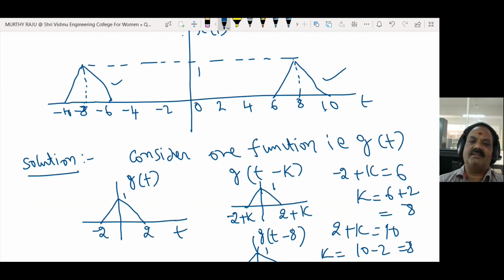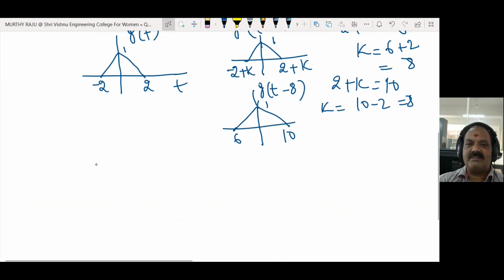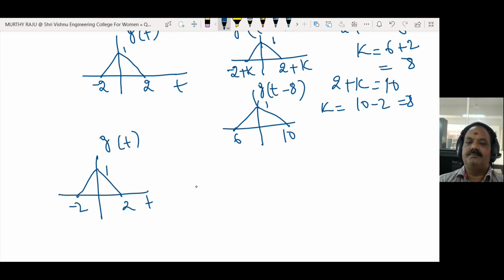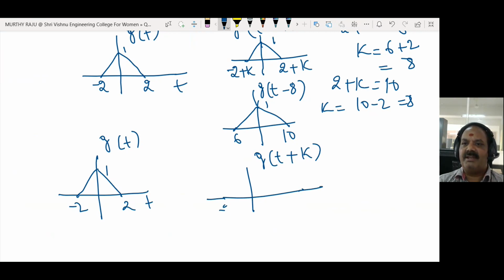Now I will concentrate on the other one. Again consider g of t, from -2 to 2, amplitude 1, and g of t plus k. Here t plus k equals 0 means t is equal to minus k, with limits from -2 minus k to 2 minus k.